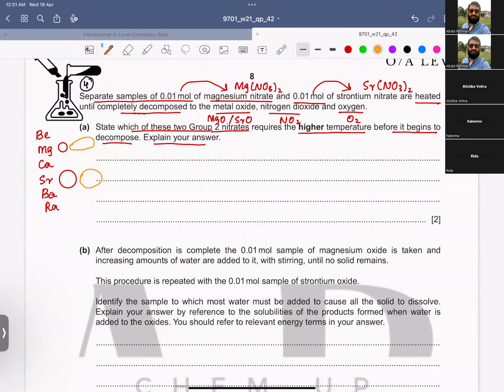So in this case, the oxygen-nitrogen bond gets weaker as its bond length increases, and here the bond length of oxygen and nitrogen is not that big, so this bond is stronger. So it means for strontium nitrate, the higher temperature is needed to decompose. So strontium, okay, 1 minute.